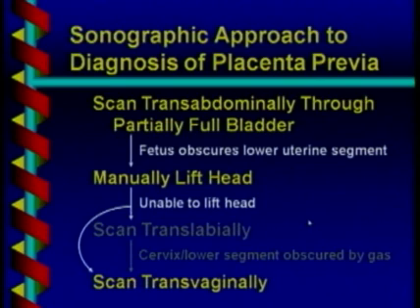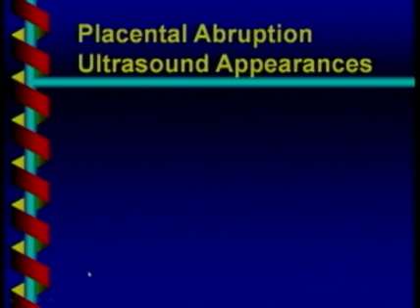And if you are unable to lift the head, we go right to a transvaginal scan to take a look at the relationship between the placenta and the cervix. We used to scan transabdominally, but we have stopped doing so in recent years. And if we can't lift the baby's head and it's in the way, we go right to a transvaginal scan.